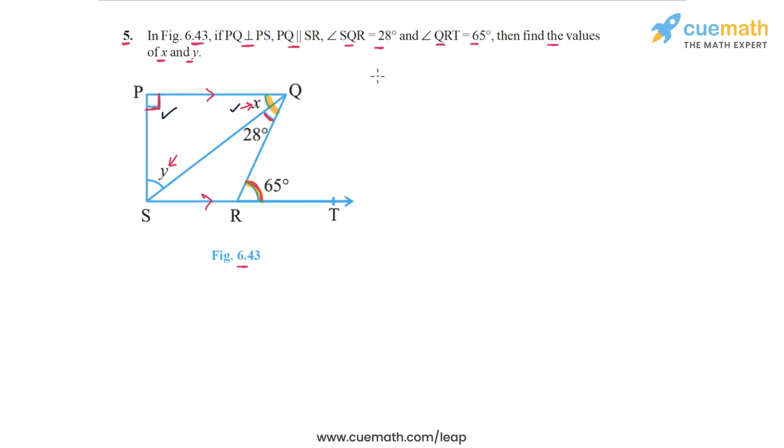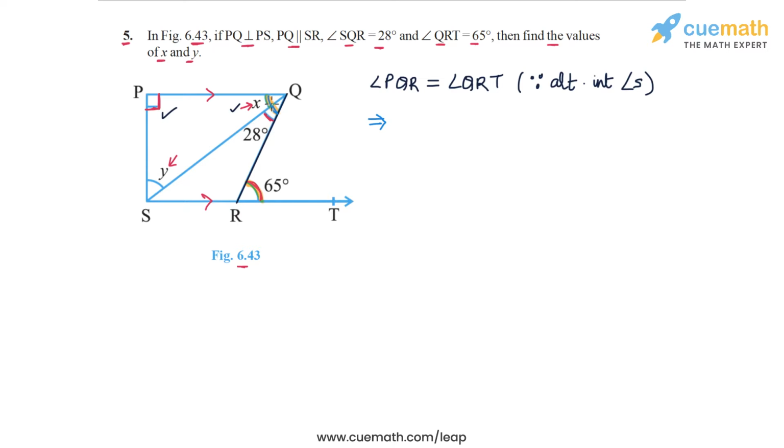So we have angle PQR is equal to angle QRT. This is because these angles form a pair of alternate interior angles on PQ and ST as parallels, and this segment QR as the transversal. Alright, so now what is PQR?